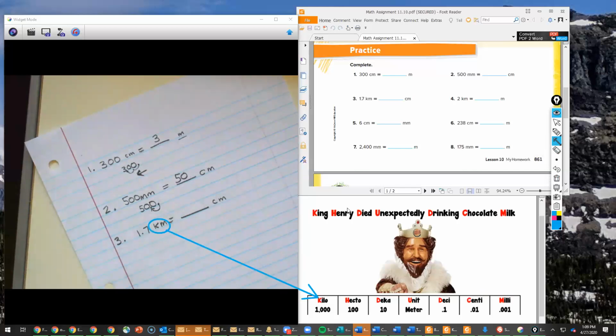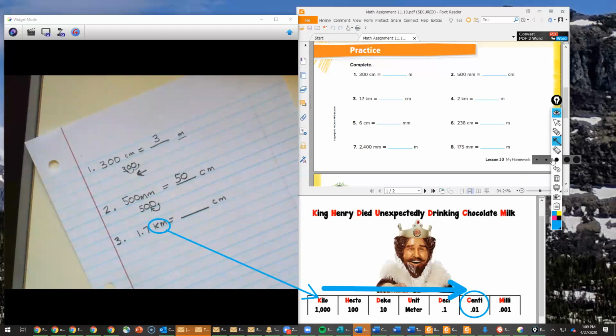And it looks like I'm moving way down the chart to centimeters. This time, because I'm starting over here at K for kilometers, I'm going to be moving to the right. So I'm going to go all the way down here to the right to get to centimeters.